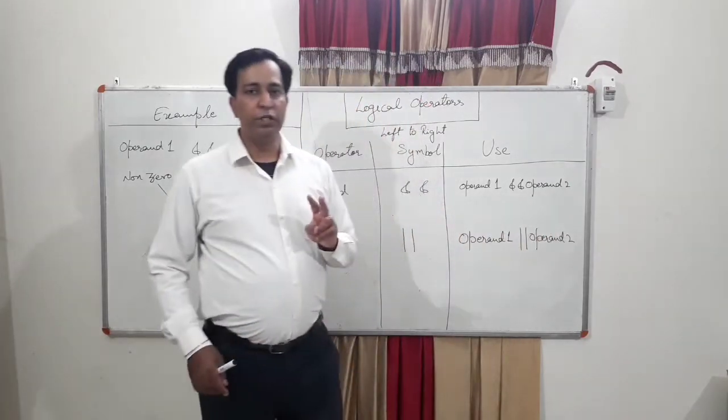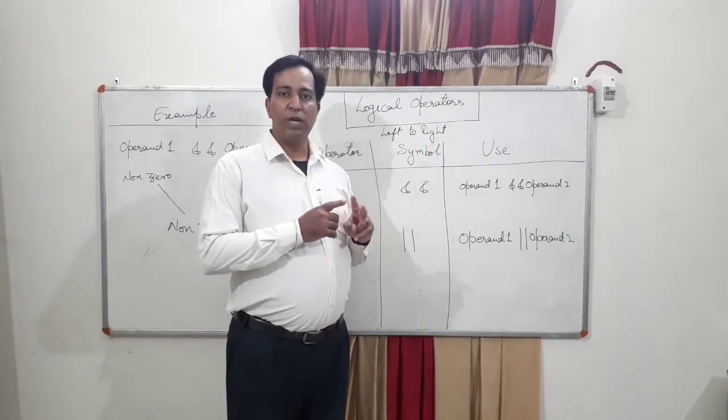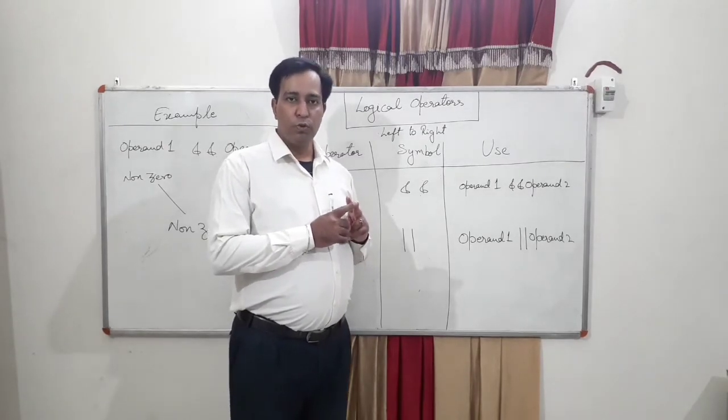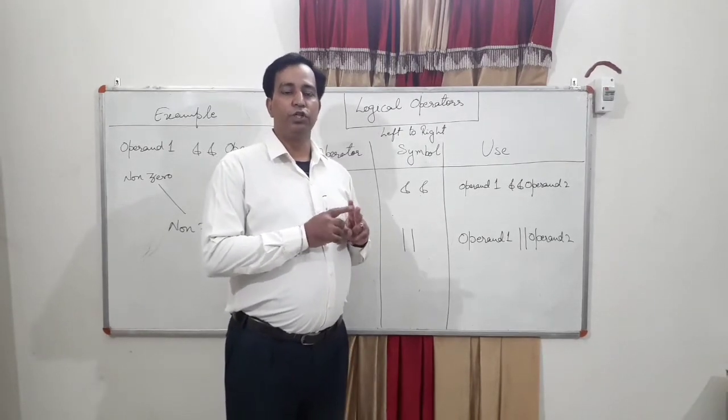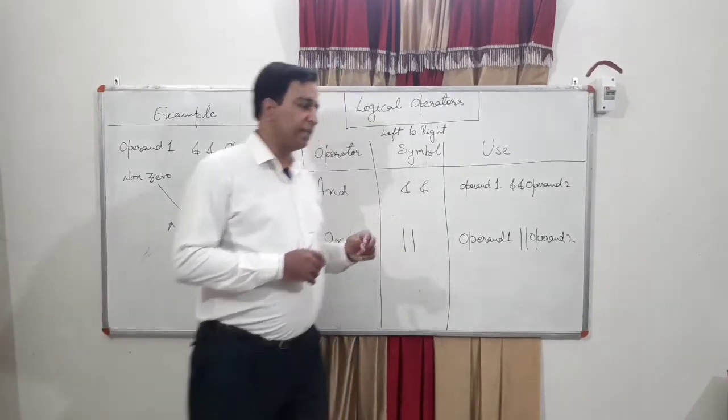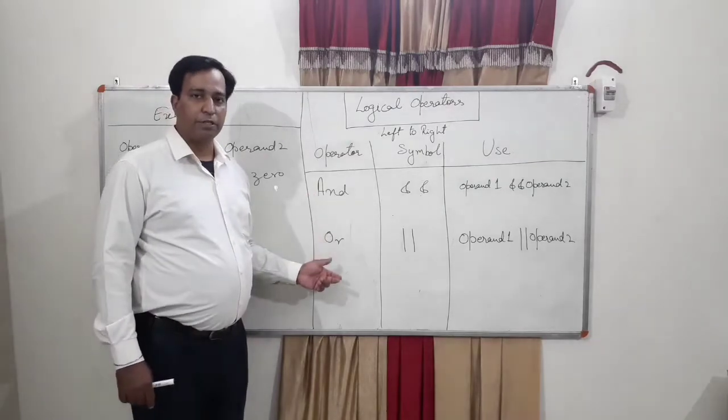Now if you have two conditions, these two conditions will have a relationship between them. Either both the conditions should be true or one of the conditions should be true. This relationship is set with the help of logical operators.